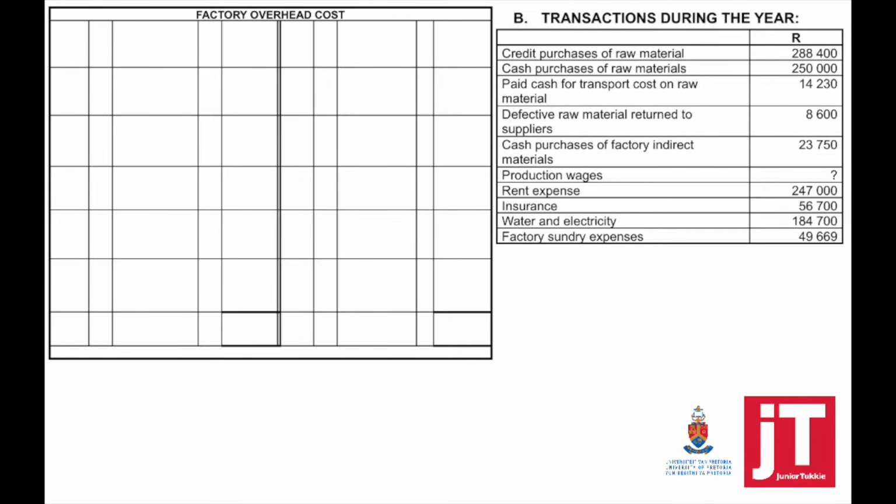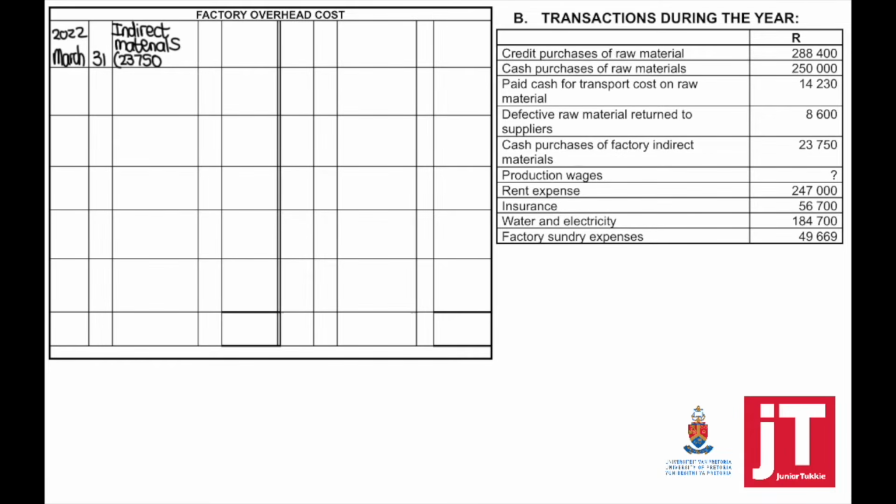Now remember, we've already done credit purchases of raw materials, cash purchases of raw materials, paid cash for transport cost, defective raw materials return. So what is left over is cash purchases of factory indirect materials. So that is the first one that we need to write as an indirect cost, which forms part of the factory overhead cost. And we write it in brackets.